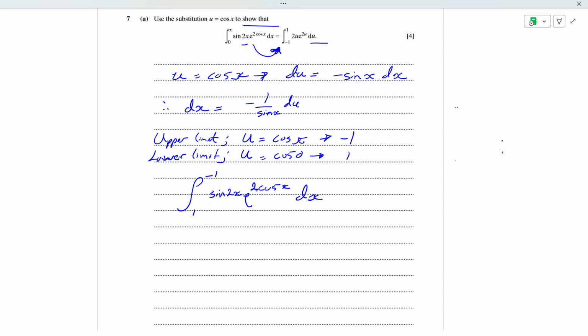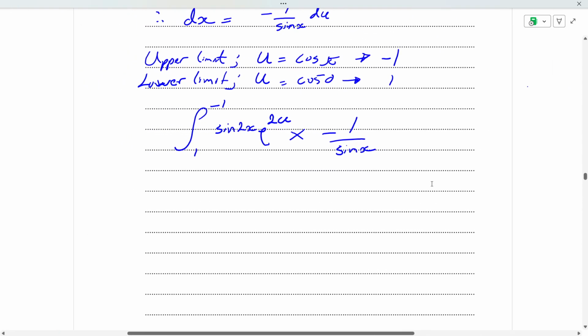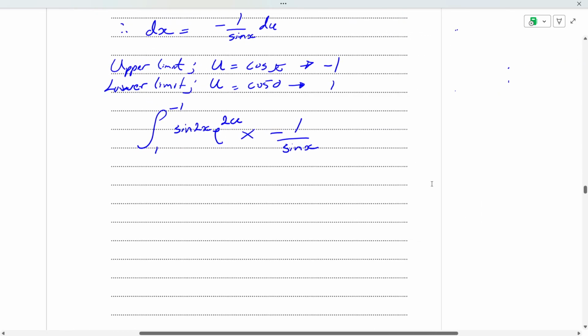All right, so we know that cos x is equal to u, and dx is equal to negative 1 over sine x du. And then what we want to do is convert sine 2x using the double angle formula for sine 2x.